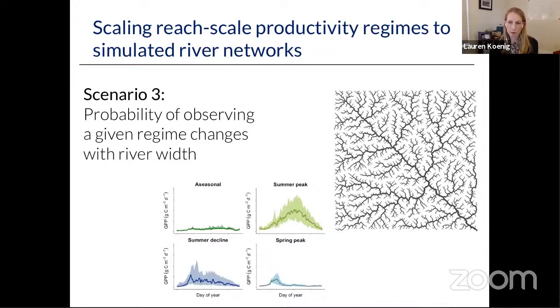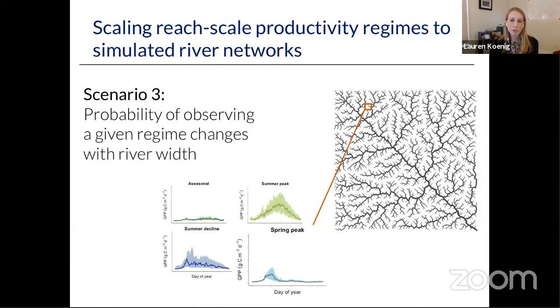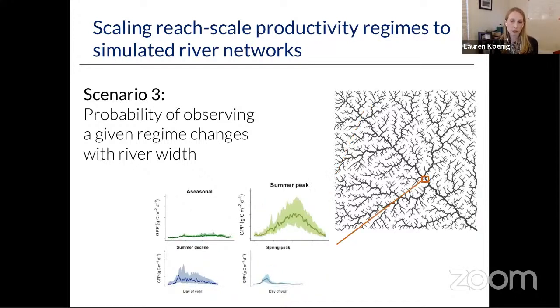So any reach within the network can follow any of these 4 productivity regimes, but small streams are most likely to follow the spring peak regime, and large rivers are most likely to follow this summer peak regime. And so especially scenarios 1 and 2 are not very realistic, but we intentionally chose these 3 scenarios because we expect that they represent end members that allow us to explore the envelope of possible patterns at the river network scale.